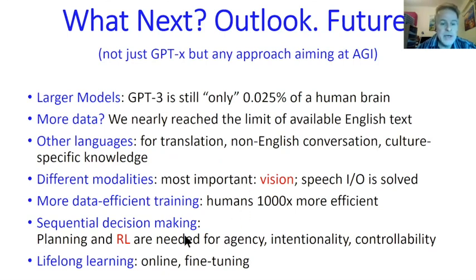More data efficiency, and what I would argue, reinforcement learning is the most important ingredient, well, non-ingredient, which is missing in GPT-3 to make it an intelligent reasoning agent. Lifelong and online learning and the lack of fine-tuning, I think that's just a technicality.